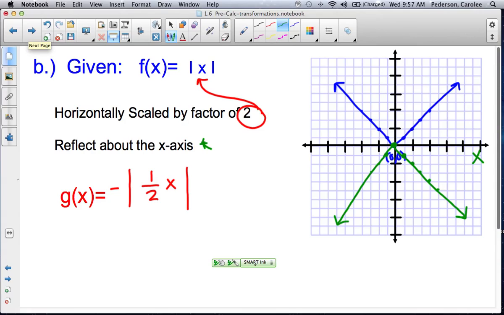We have to change the horizontal axis values, so the x values, by a scale factor of 2. So if I think about this point right here, positive 1, negative 1, and I need to change that x value by 2, what's the new ordered pair going to be?